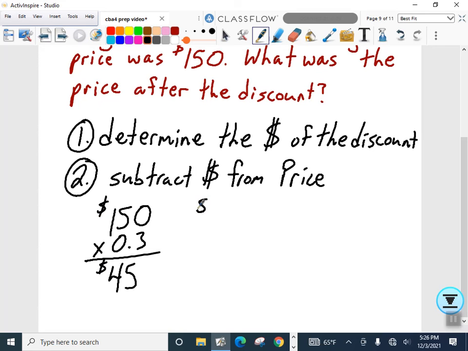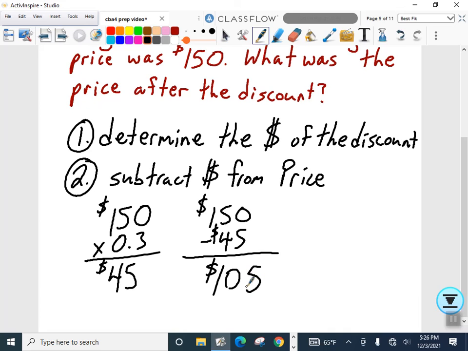So if we take the 150 and we subtract the $45, that's going to give us $105. $105 is the price after the discount.